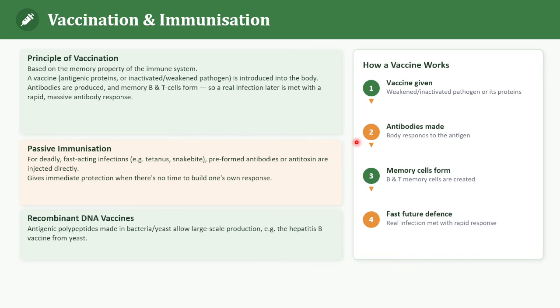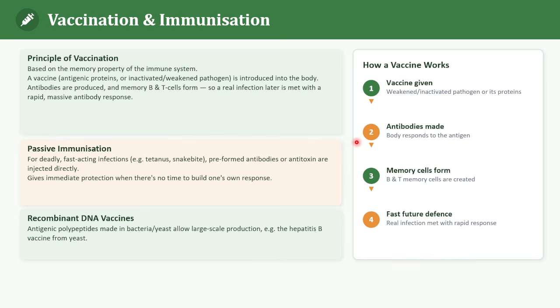We know how vaccines are prepared. It can be an inactivated one or a weakened pathogen, introduced into the body. The immune system now responds to it by producing the antibodies. And more importantly, remember that memory B and T cells are formed here.